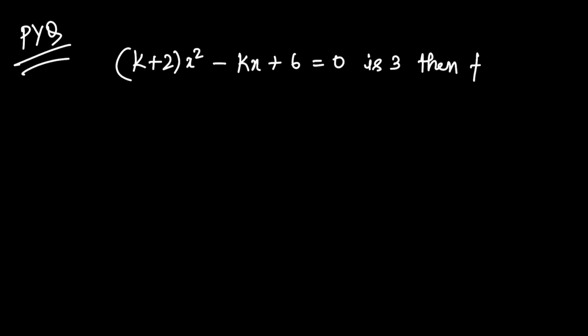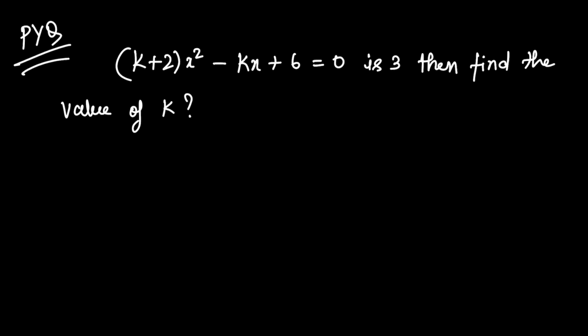Note down this question. If the solution of the quadratic equation (k plus 2) x square minus kx plus 6 equal to 0 is 3, then find the value of k.